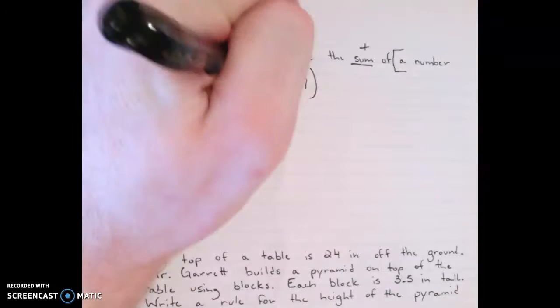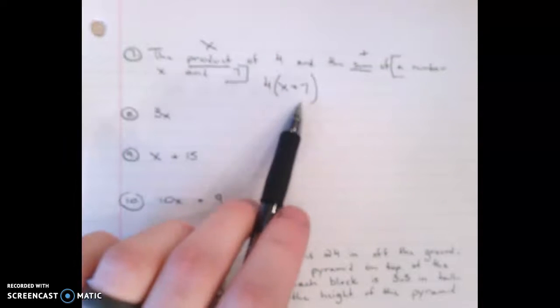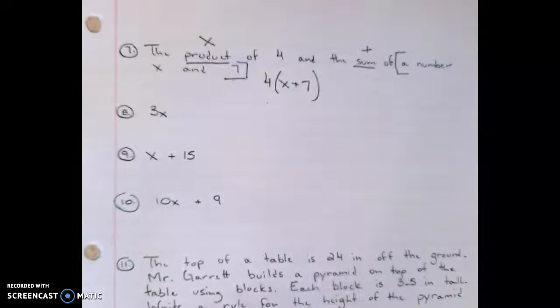And then I'm multiplying this entire thing by 4. And when we multiply by 4, we can simply use parentheses and show that I'm going to distribute that 4 into everything. Because I'm multiplying 4 by this quantity, this x plus 7. So that then would be our final answer for number 7.